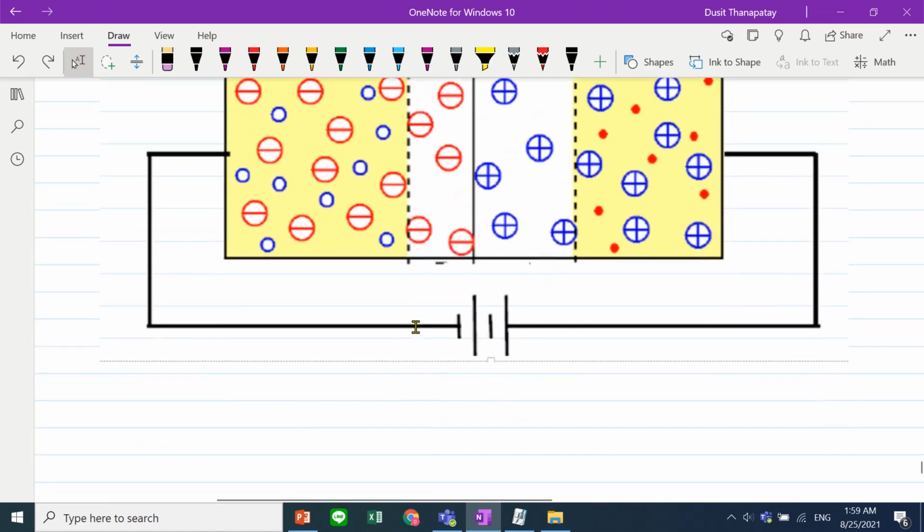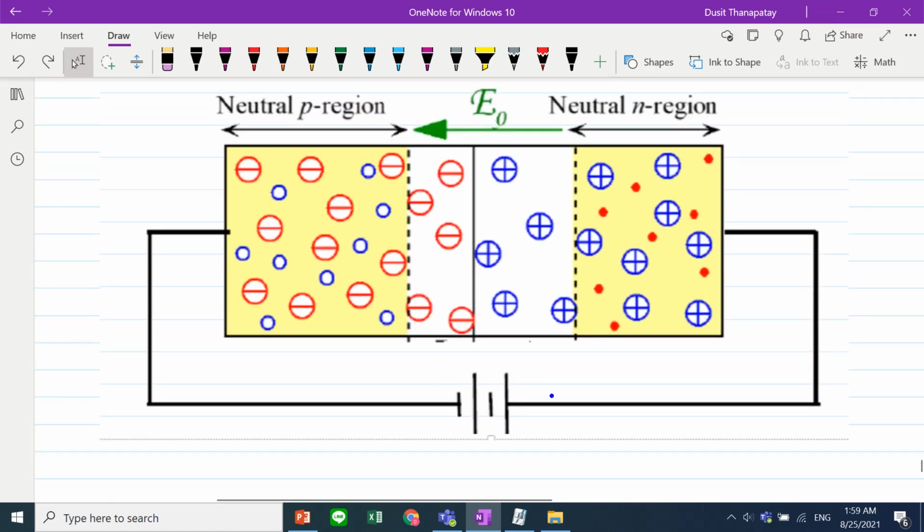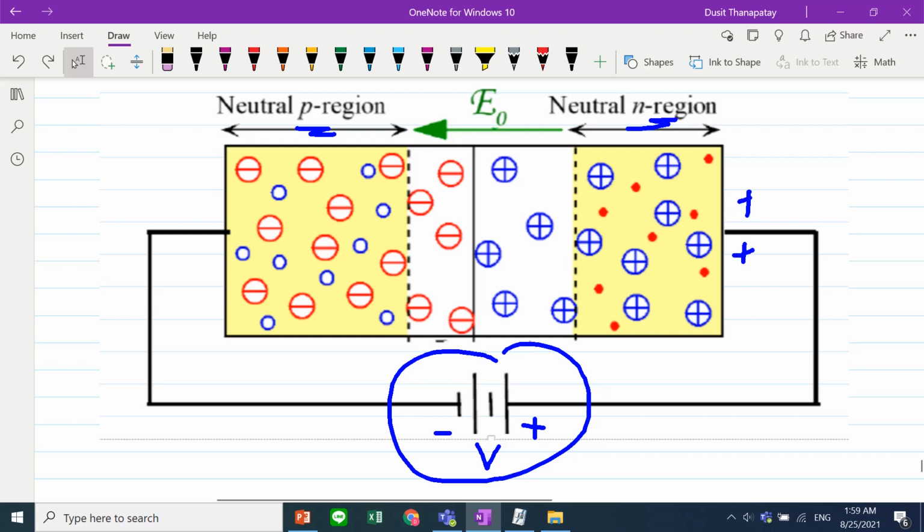And what happens if I do reverse? Reverse bias: positive at the N side and negative at the P side. The electric field due to this external voltage is in the same direction as the internal or built-in electric field.